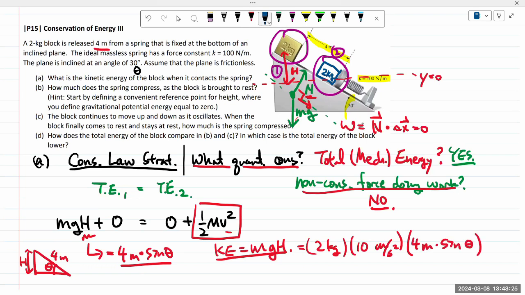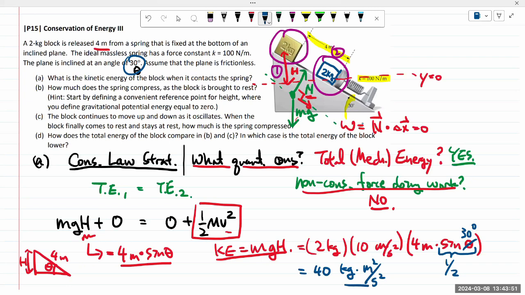And lucky us, I happen to know what sine of 30 degrees is. So if this is 30 degrees, then sine of 30 degrees is simply 1/2. So 4 meters divided by 2, that's 2. 2 meters times 10 is 20, times another 2 is 40. You have kilogram times meter squared per second squared.